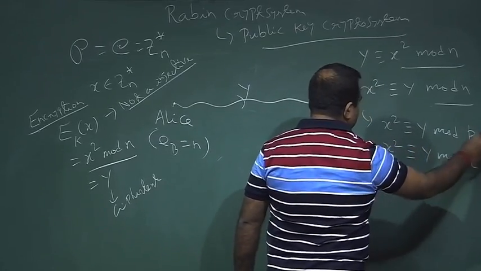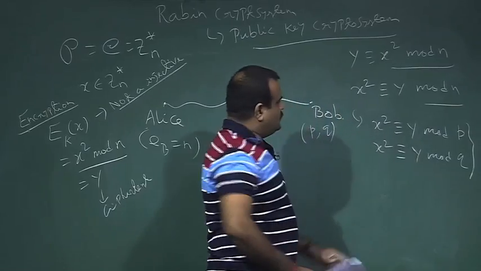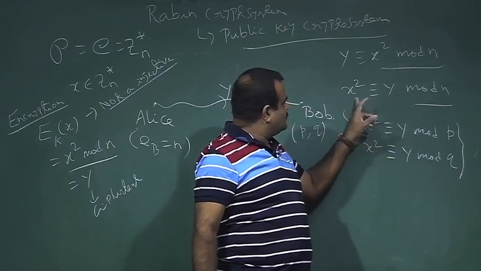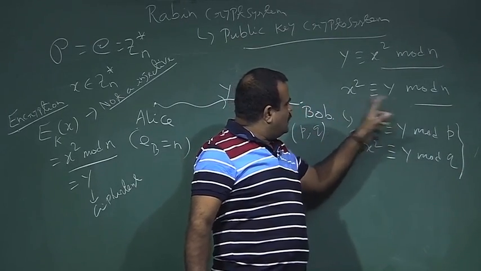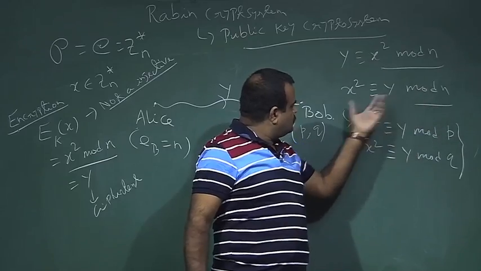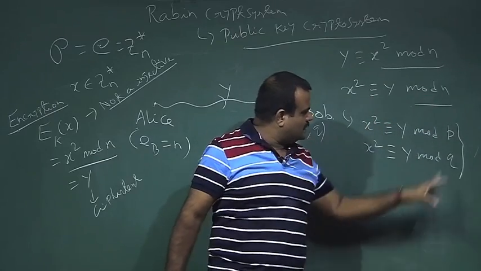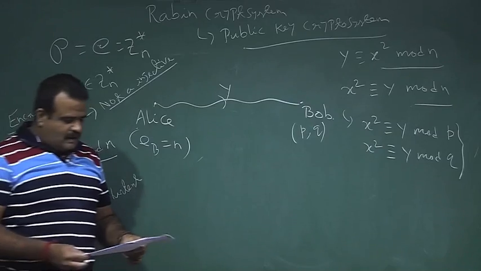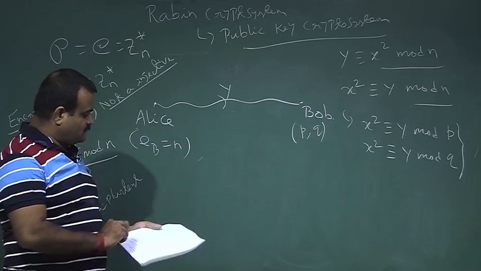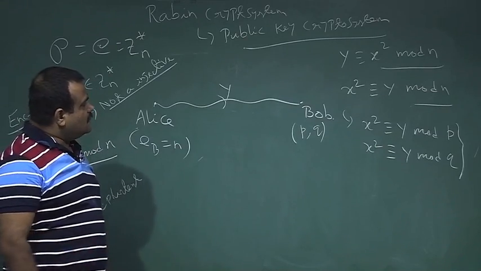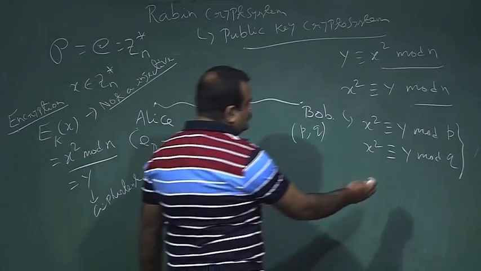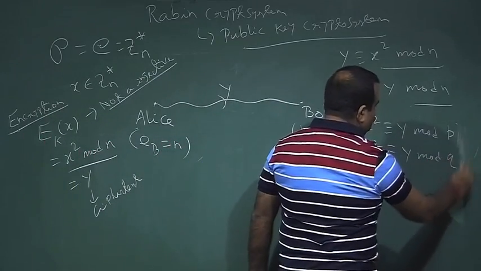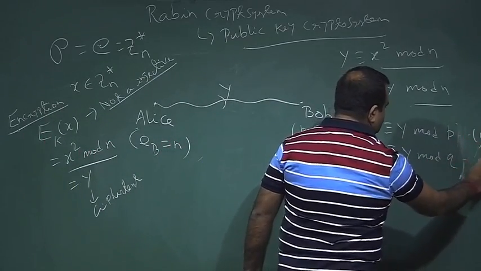If these two systems have a solution, then that solution is basically x square equal to some z mod n. This is coming from the Chinese remainder theorem. Now, the question is how to solve this. This is equation 1, this is equation 2.